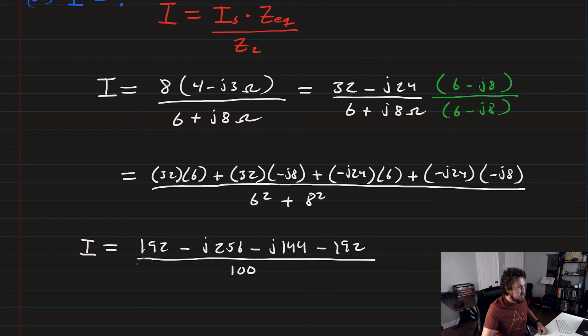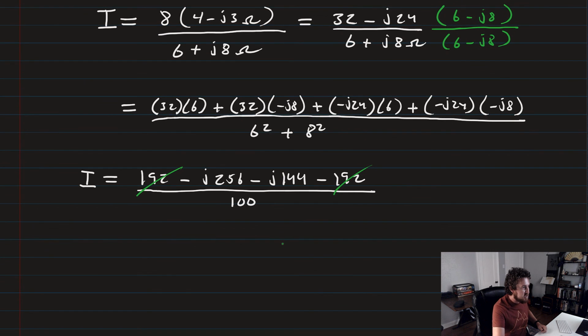Now the 192 and the minus 192 are going to cancel each other out, so we're actually just going to get I is equal to minus of 256 plus 144, which is 400. We got a J hanging out there, J over 100.